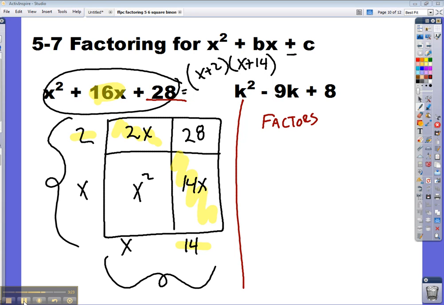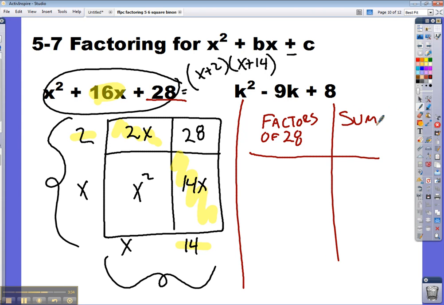All right, so we are looking for factors of 28, this last term here. And then we're going to find the sums of those factors, and we are looking for our 16. So let's list out all the factors of 28. Someone give me a factor pair of 28. 1 and 28.